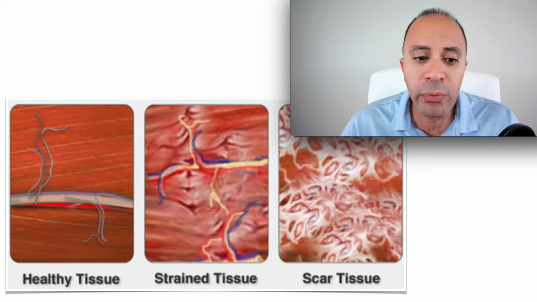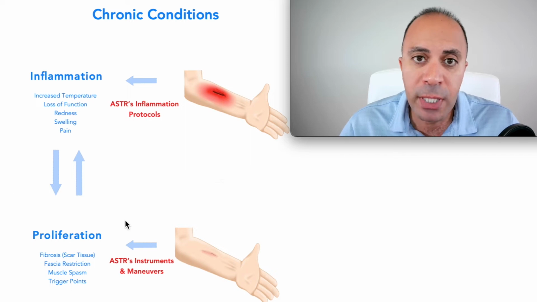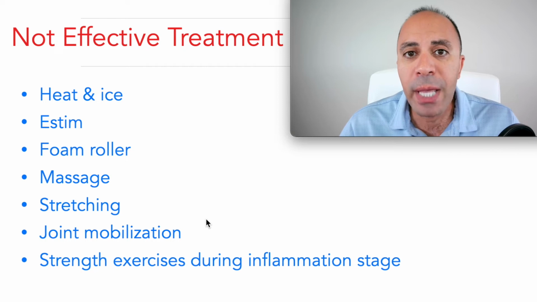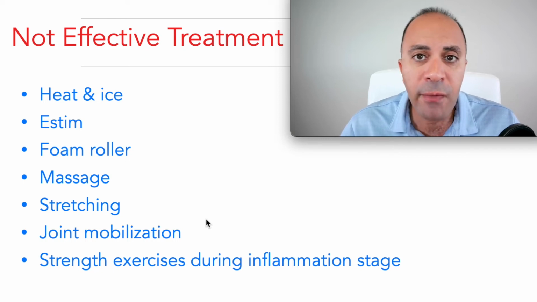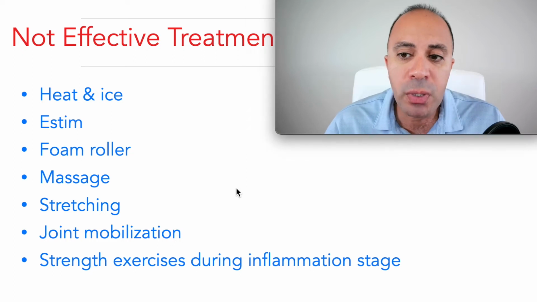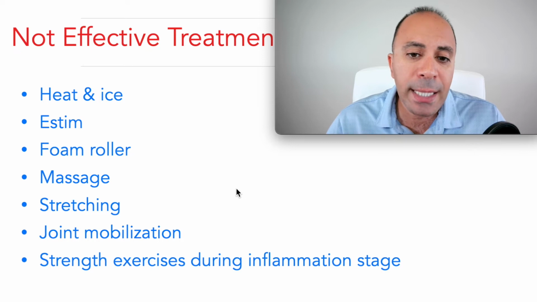We need to go over the proper treatment for the inflammation and proliferation stages. But before I do that, I'm gonna go over some ineffective treatments so you don't have to waste your time on them. One of the common things used by a lot of healthcare providers and athletes is ice and heat.